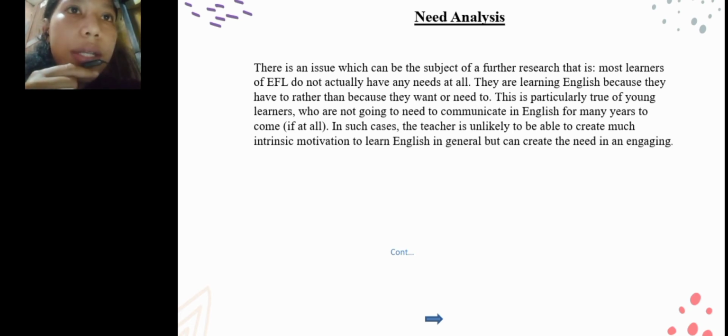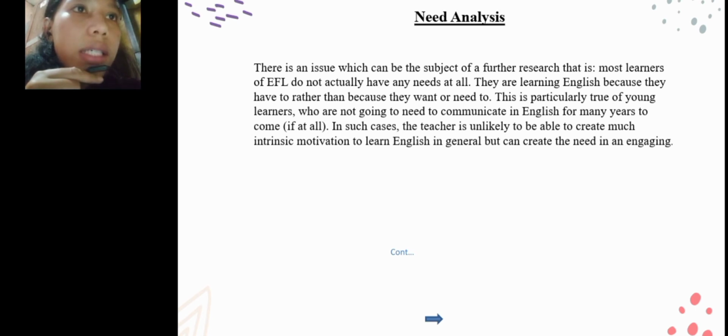There is an issue which has been the subject of further research, that is, most learners of EFL do not actually have any needs at all.